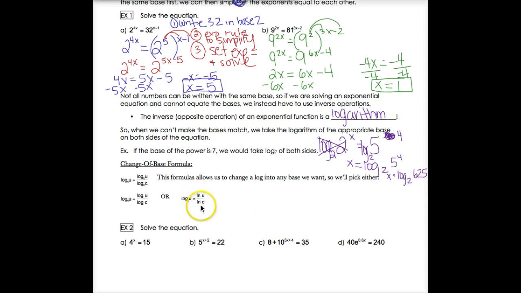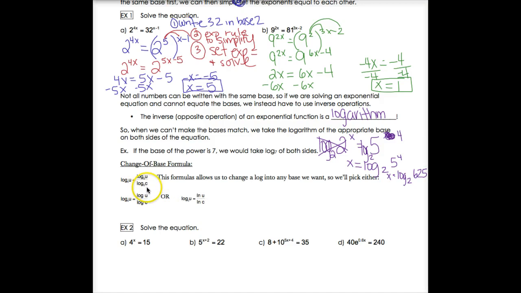You can use a natural log to simplify a common log too. But what we have is log base c of u. We can turn it into log base b of u over log base b of c. So basically, that allows us to change it to any base we want.